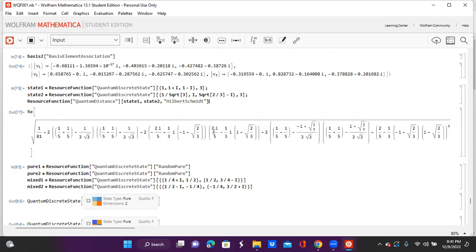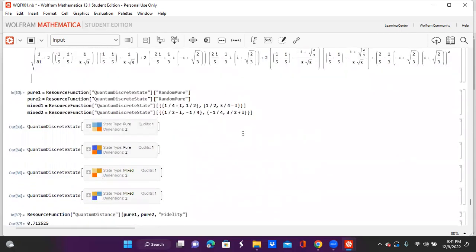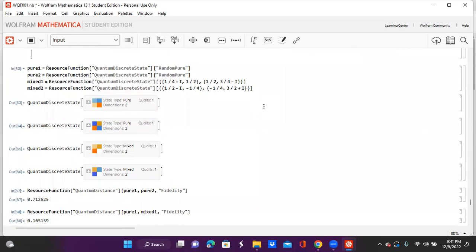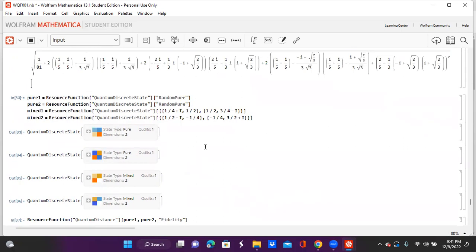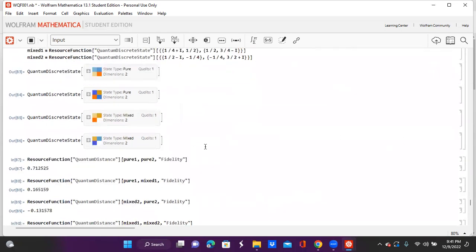And it returns it. And then I did it again here. And now I'm asking for the quantum distance. I don't think that's in Hilbert space, though. I think that's in real vector space.